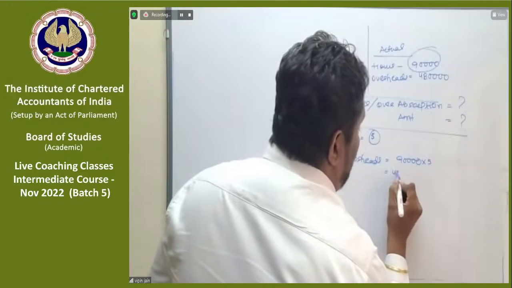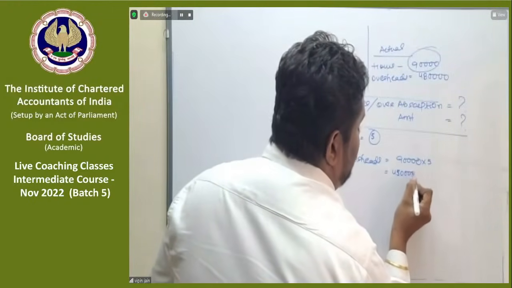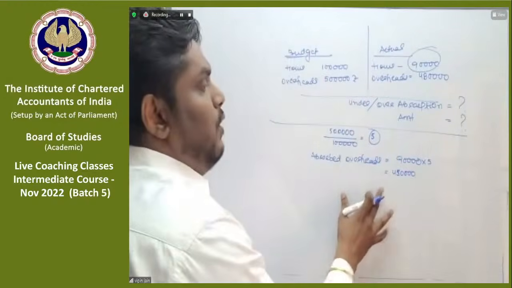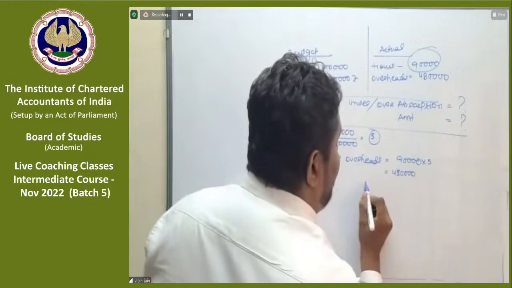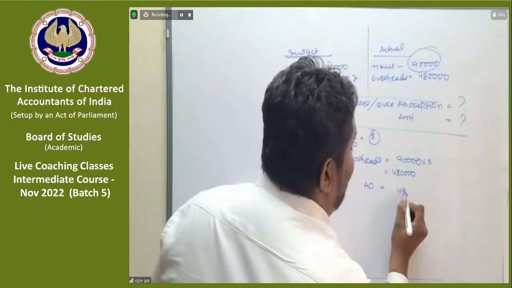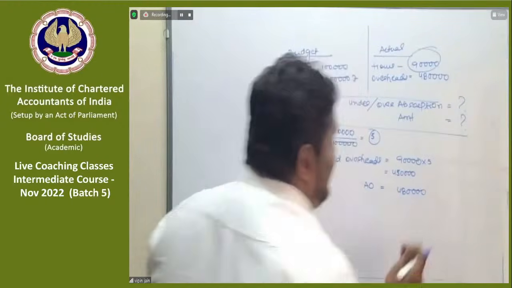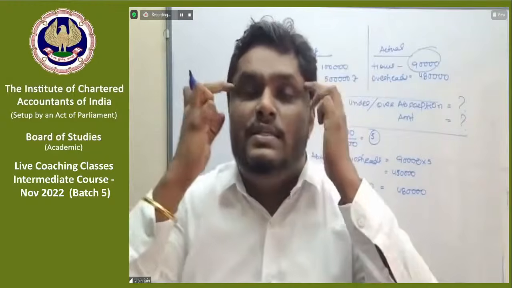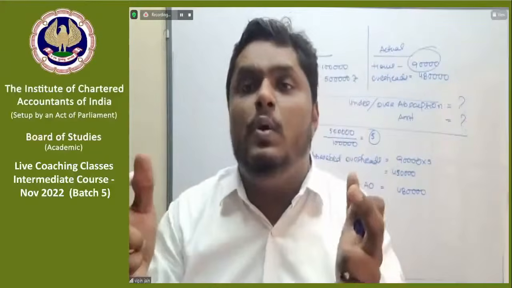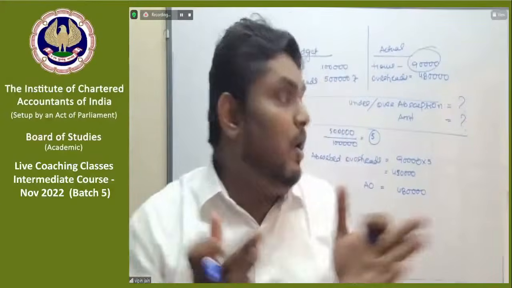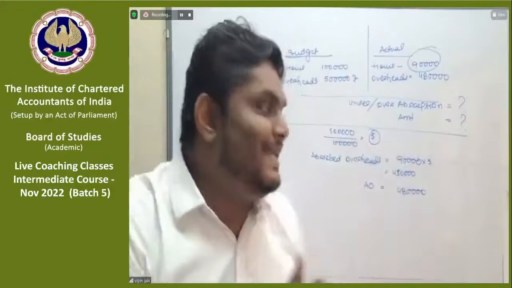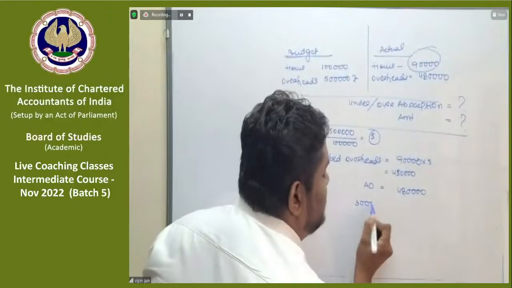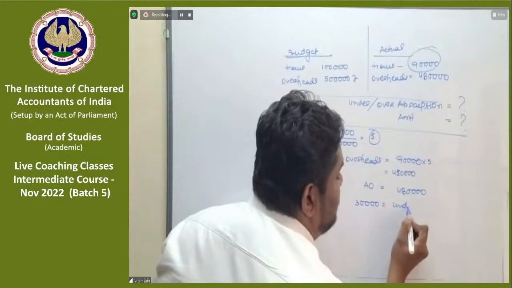So my absorbed overheads will be 4,50,000. However, my actual overheads are 4,80,000. It means my absorbed overheads are less. Just think from the absorbed overhead perspective: are they less or more? Less. By how much? 30,000. So this will be under absorption.